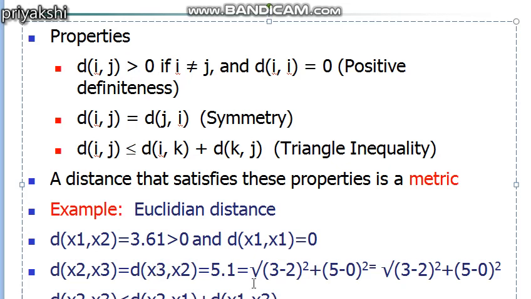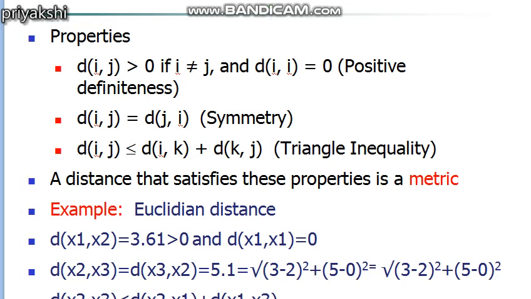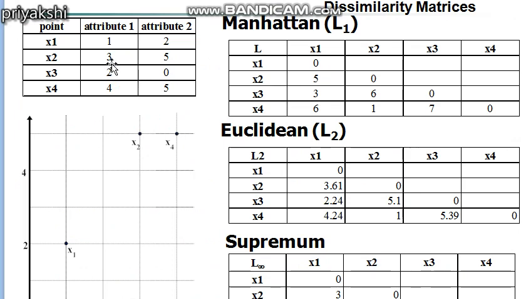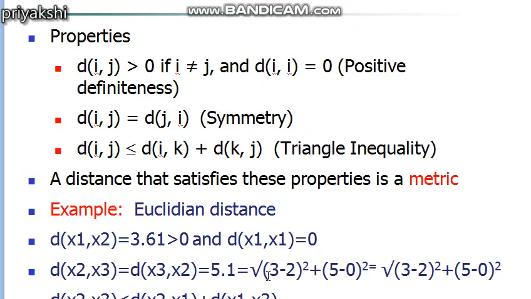So you can find this distance by using the formula: root over (x2 minus x3) whole square plus (5 minus 0) whole square in case of x2 comma x3. As you can see, root over (3 minus 2) whole square plus (5 minus 0) whole square.